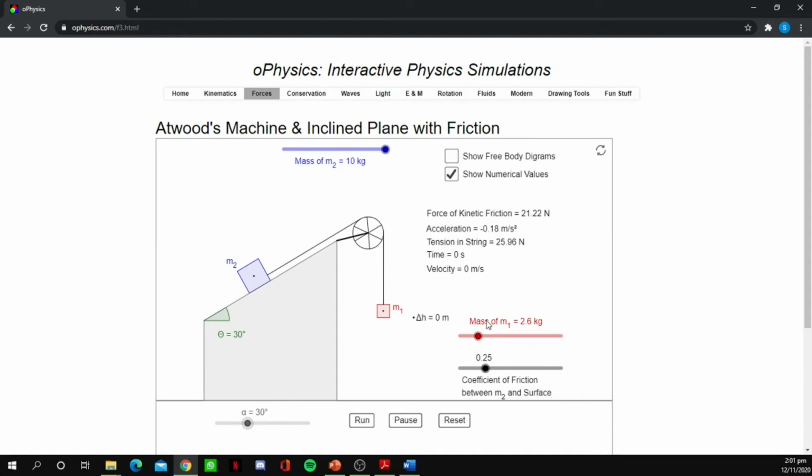Okay, repeat the step for B1. That is, M2 is 10 kg and M1 is 10 kg with coefficient of 0.25. Then we click run.